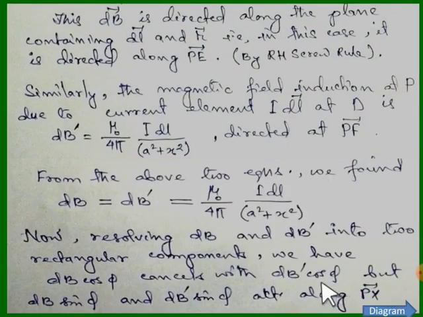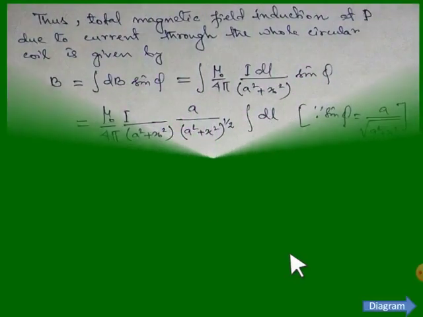Let's quickly go to that one. Yes, we were here, right? Now the magnitude of this dB vector and the magnitude of dB prime vector are the same. As I said, on resolving this, the vertical components will cancel each other, and only the horizontal component will exist.